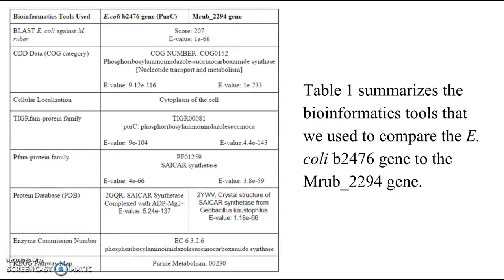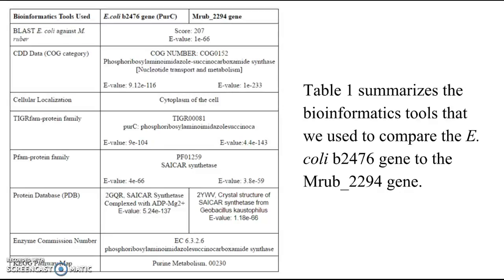As you can see in the first table, this is comparing the bioinformatics tools that were used to show the comparison between E. coli B2476 to the M. ruber 2294 gene. You can see the initial BLAST resulted in an E-value that was fairly small, showing that there is a high significance that this sequence similarity was not done by random chance alone.